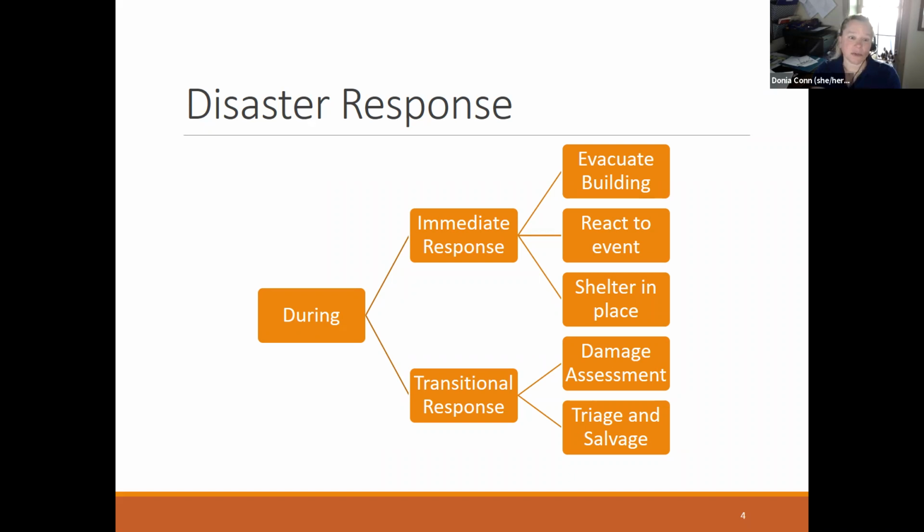And here it's going to be the response that we do leading into recovery. And so we have this transitional response where we're going to be doing a damage assessment and we're going to start moving into planning for triage and salvage.